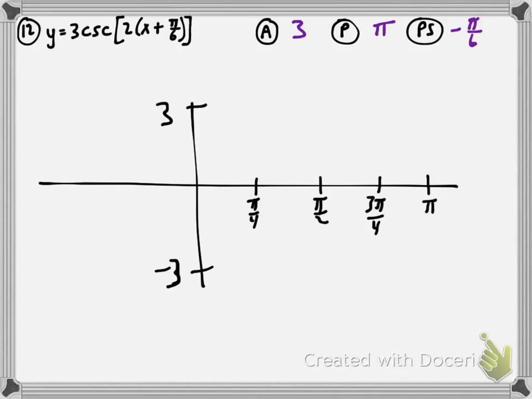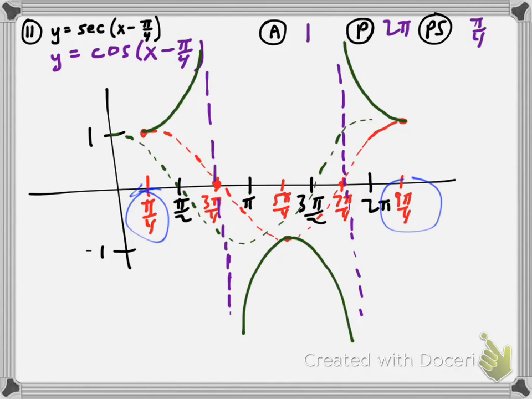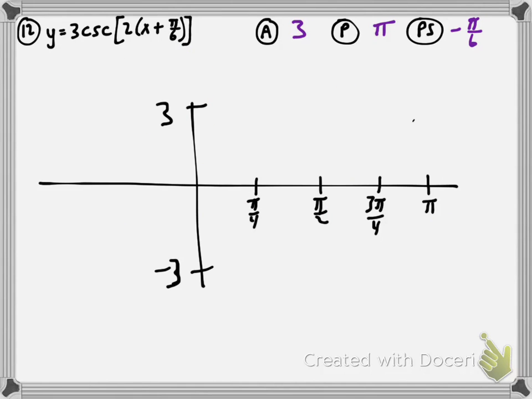Okay, and we draw the sine of 3 times, y equals 3 sine 2x. And what color have we been drawing that? Green first. Okay, so sine goes like this.